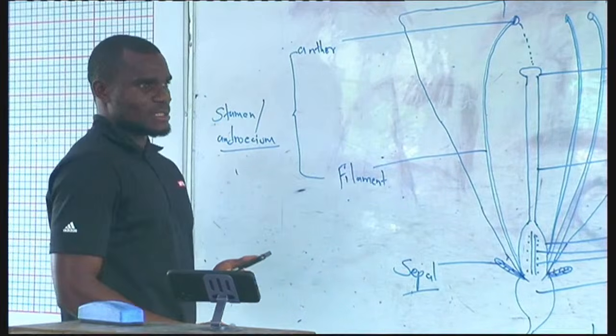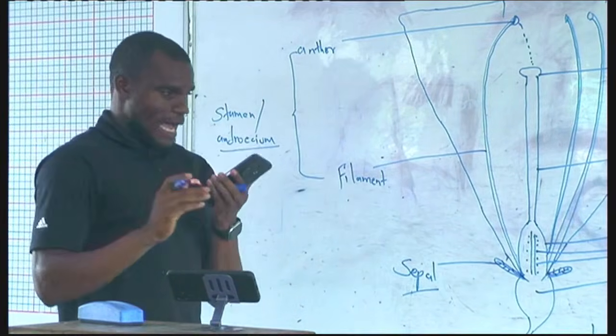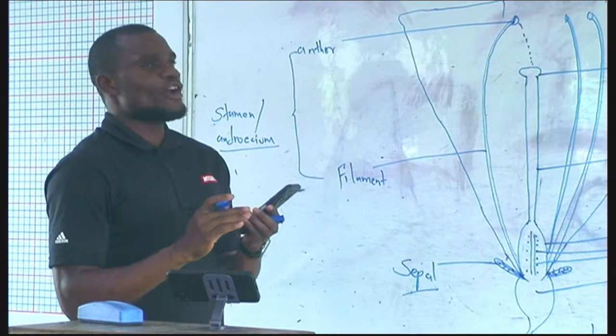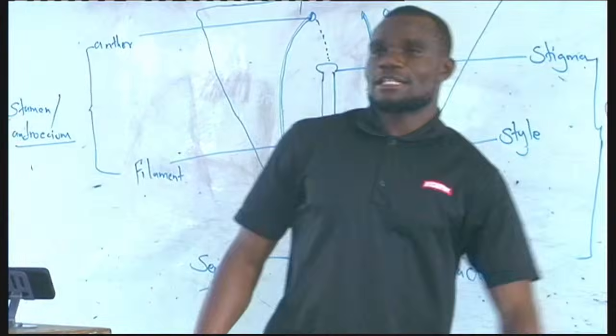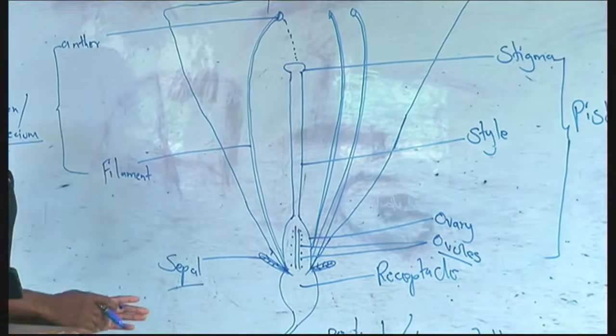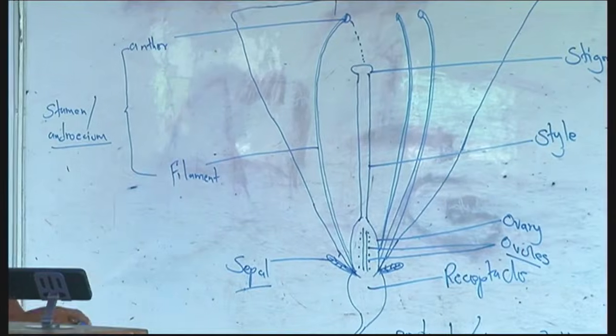The sepals are the floral parts that protect the flower before it bursts open. So it is the part that protects the flower before it bursts open.